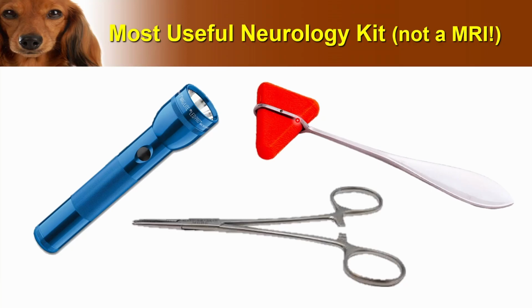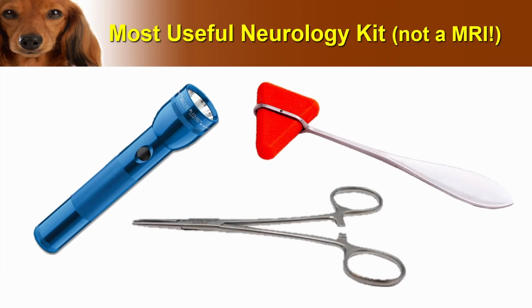Just like you get used to what a heart sounds like when you use your stethoscope. And it's a lot easier to elicit a tendon reflex with a hammer than with a pair of scissors. And then lastly, some hemostats or artery forceps, which we use for pinching.